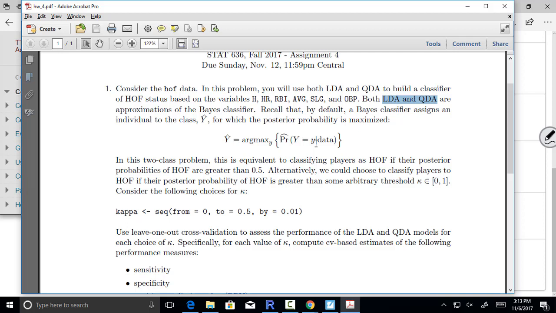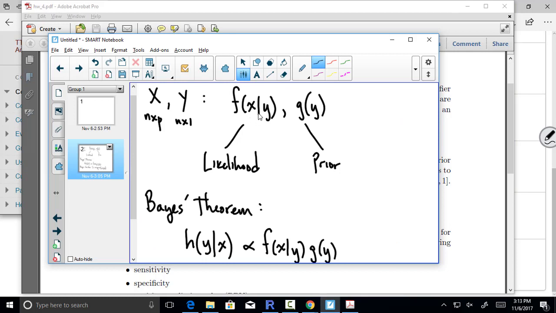Both LDA and QDA postulate a normal distribution for the likelihood, and then we have to decide ourselves what to do about priors. But the big piece of LDA and QDA is that this likelihood function is a multivariate normal.